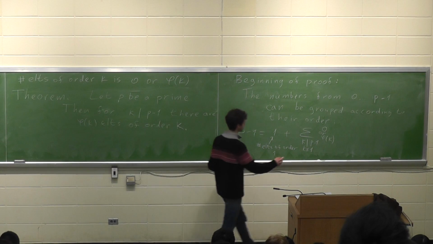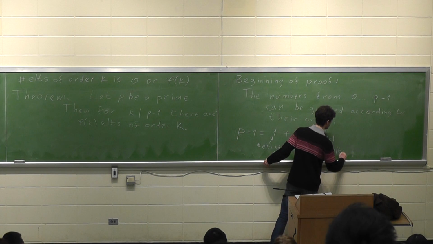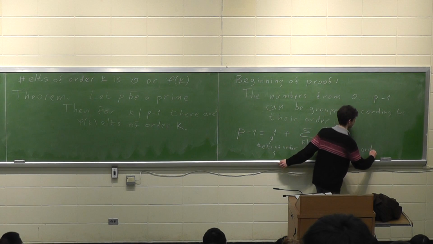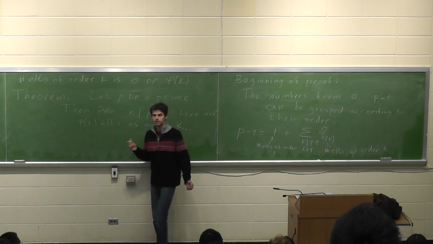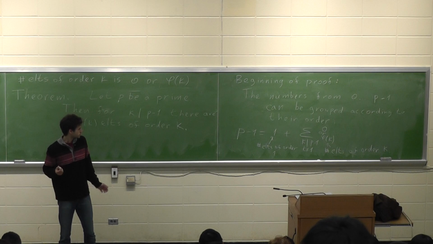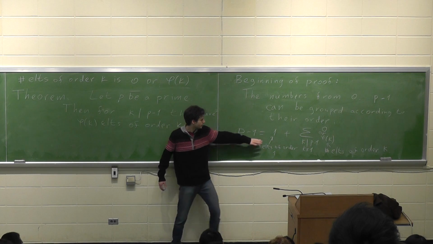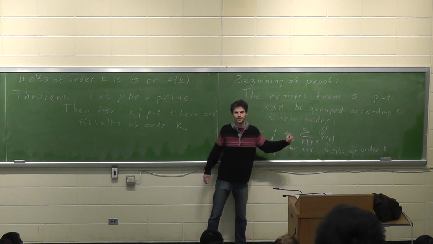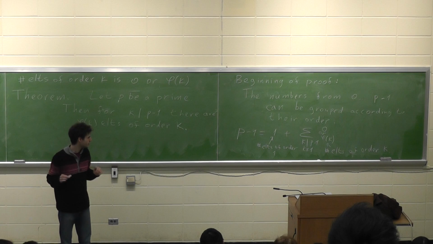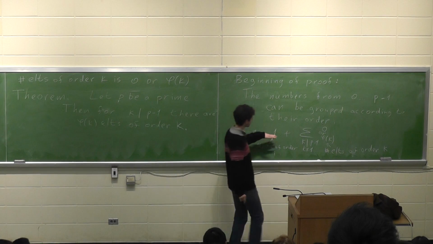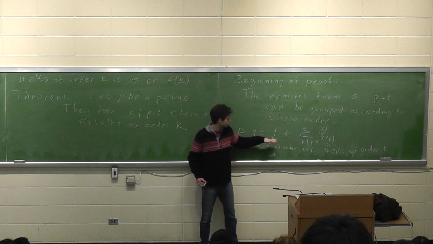So this is the number of elements of order k. So somehow we should get this number p minus 1 using such a sum. And now a funny thing happens. It turns out that for any number, if you compute this sum, how large is it? It's definitely not smaller than 1.